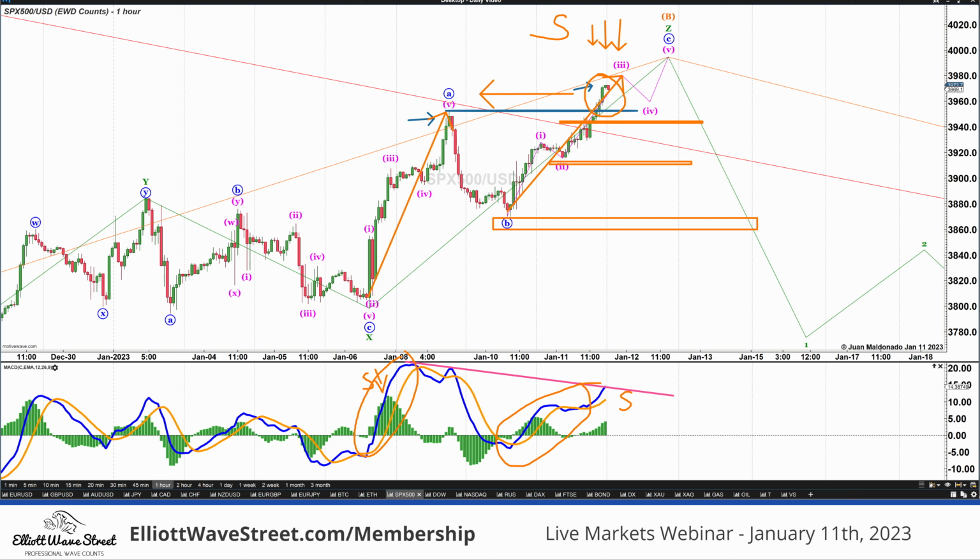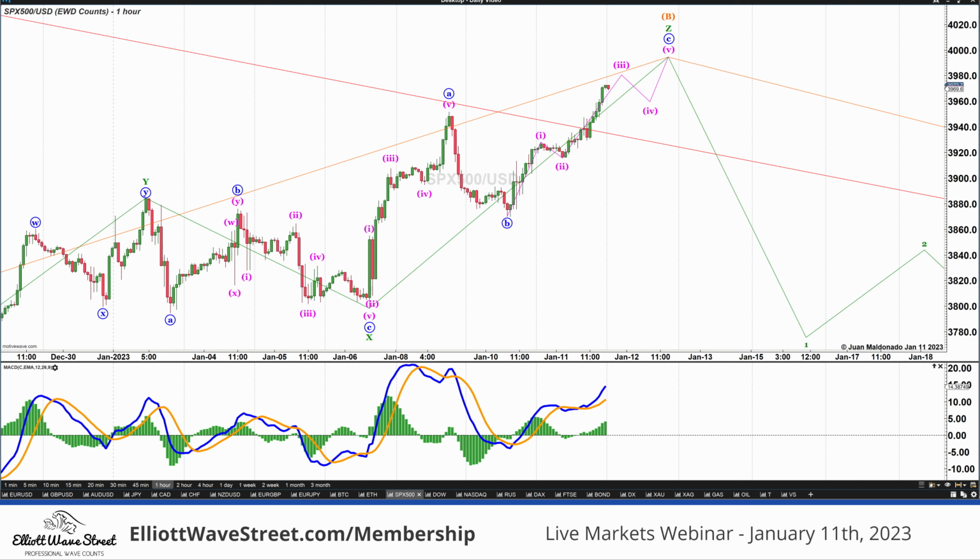All right. So what if the big guy lets the price make the distribution process here, completes the pattern to bring a lot of buyers at the extreme, and then pushes the price down fast to capture all the stops? That makes sense, right?